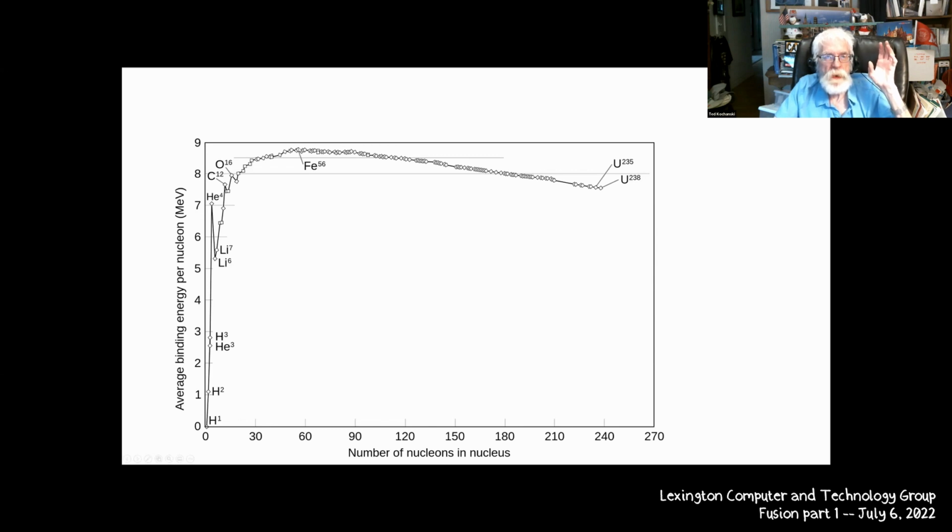When you get to this point, you reach the absolute peak in terms of the average binding energy per nucleon. There's another slight peak over here with nickel where, because it has a slightly larger number of protons involved, it's almost a flat spot. Then you start to decline as you add more and more protons and more neutrons to stay relatively stable.